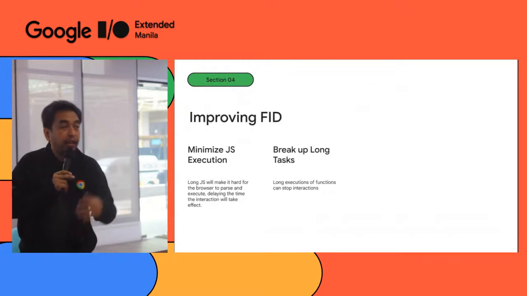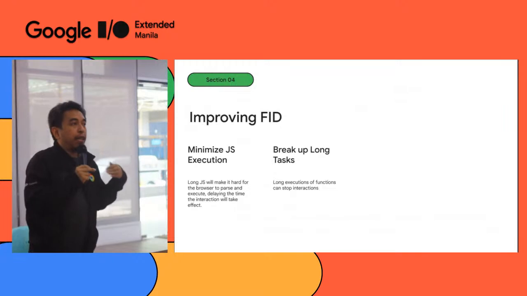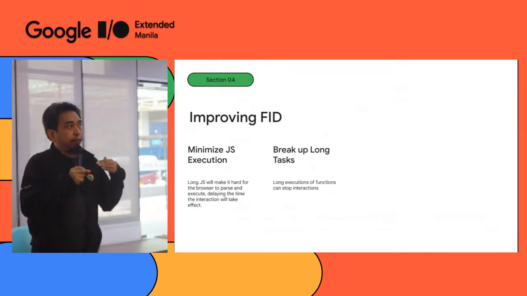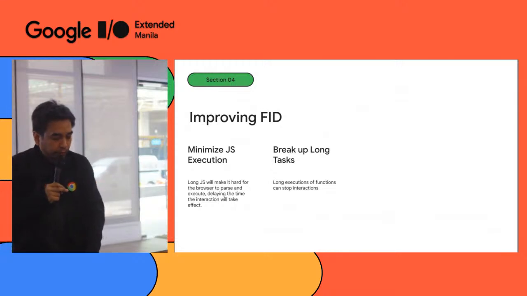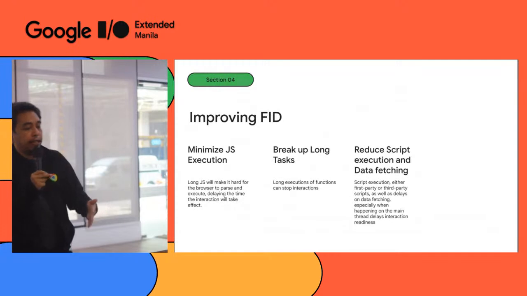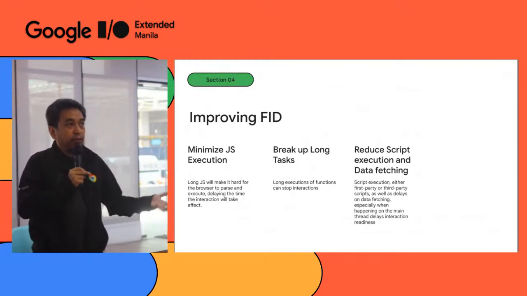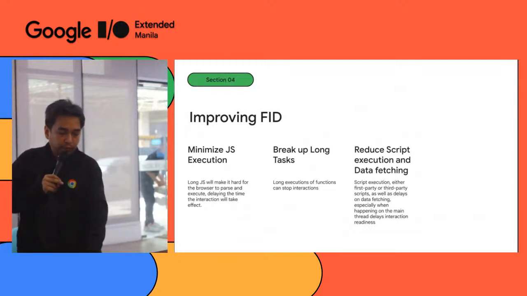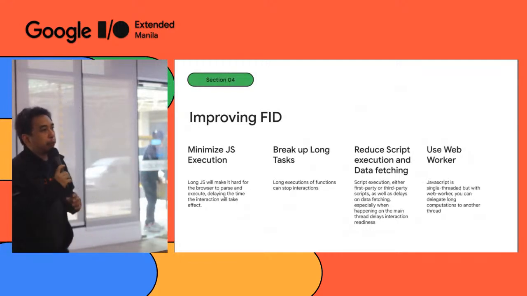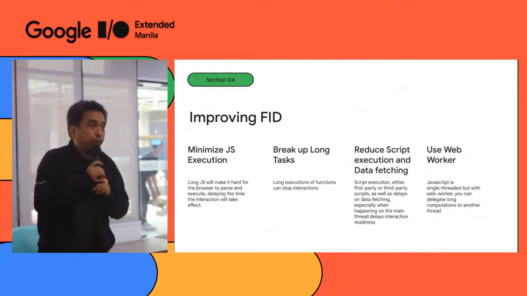Actually, you can break up long tasks or just delay yung pag-execute ng mga JavaScript files on a later part. Can also reduce script execution and data fetching. If you don't need the data yet, don't load it.